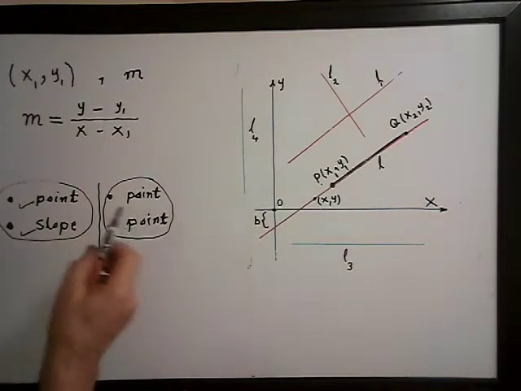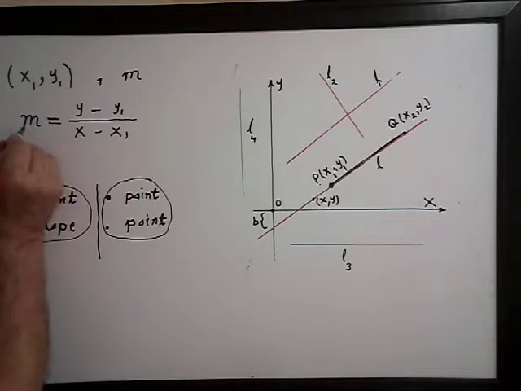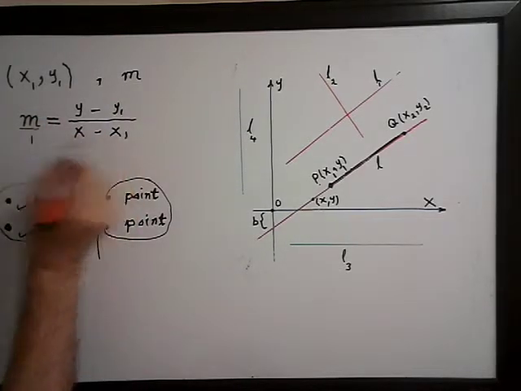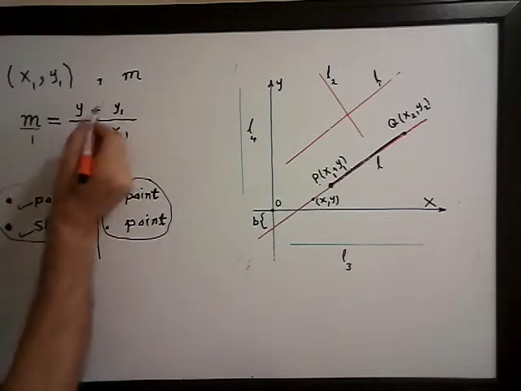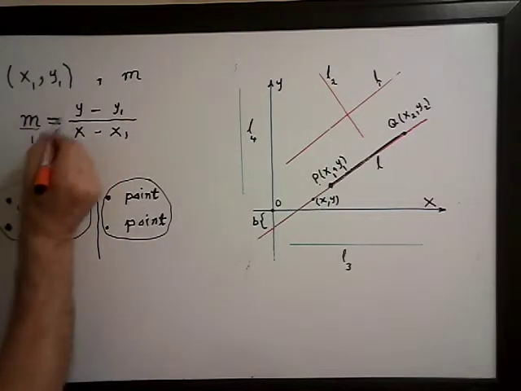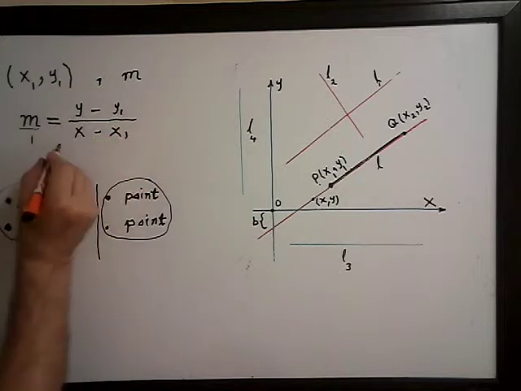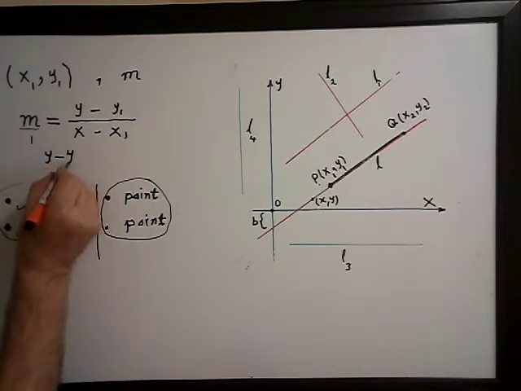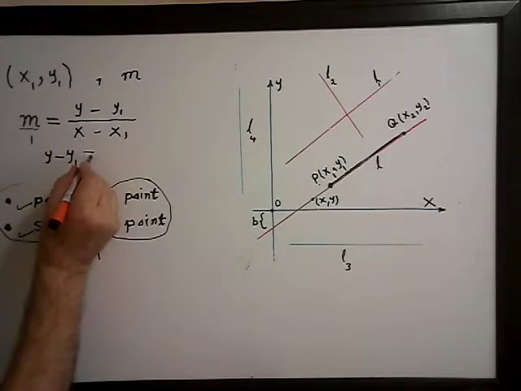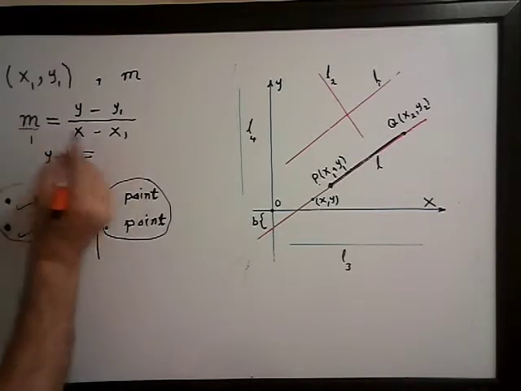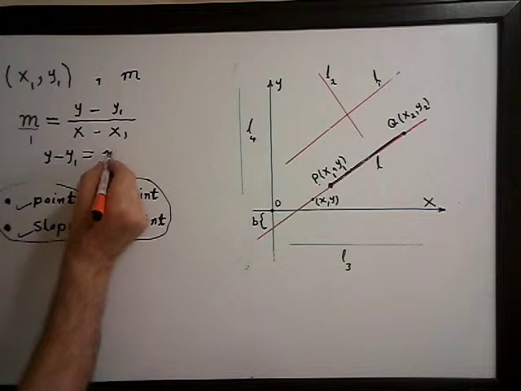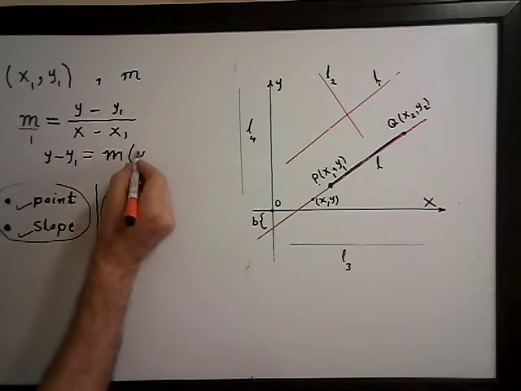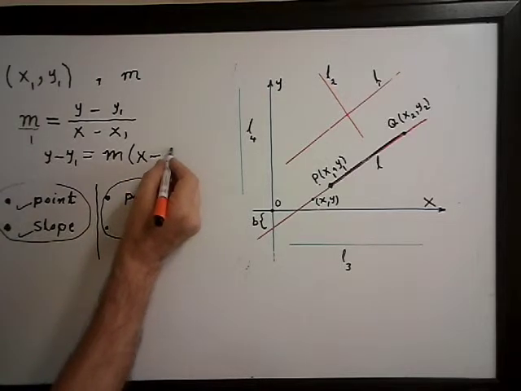And this will lead me to get a new form if we cross multiply. So we can say 1 times y minus y1 will give me y minus y1, and M multiplied by x minus x1.